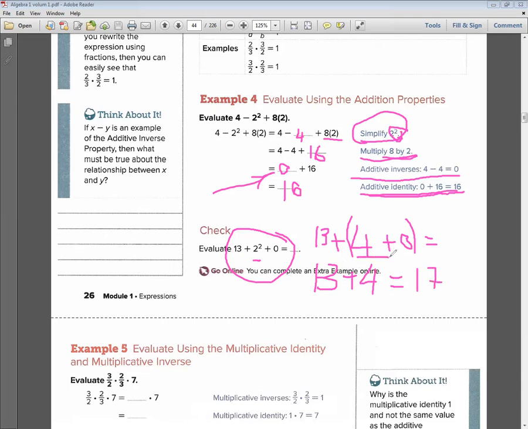The property I used here is additive identity, which is 0. Is it clear?